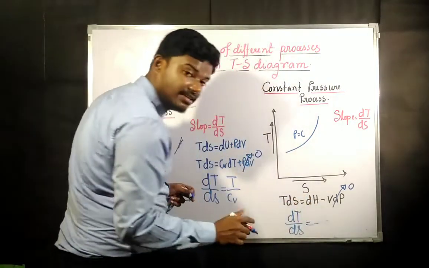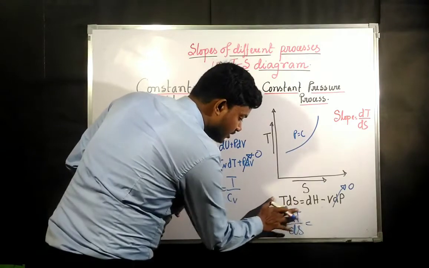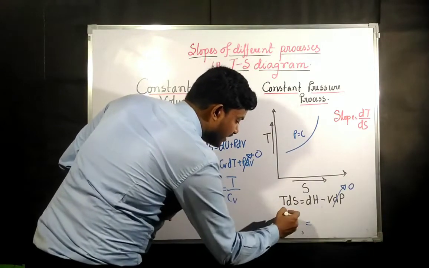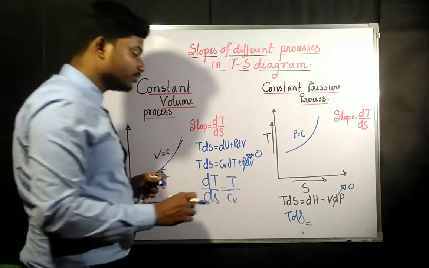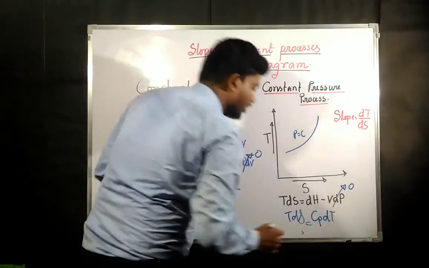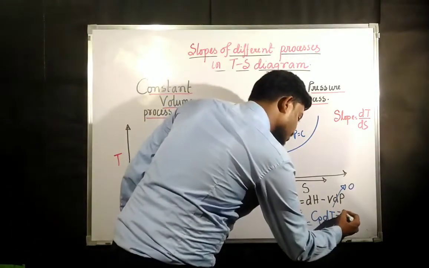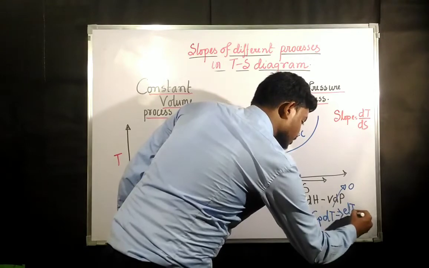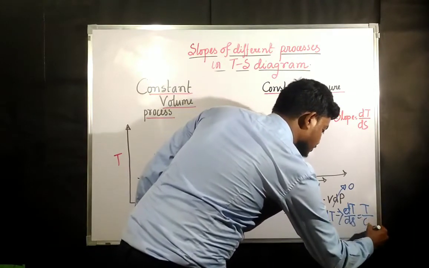In place of TdS you need to write dH, equal to what? dH is going to be equal to Cp into dT. From this equation, dT by dS is going to be T by Cp.